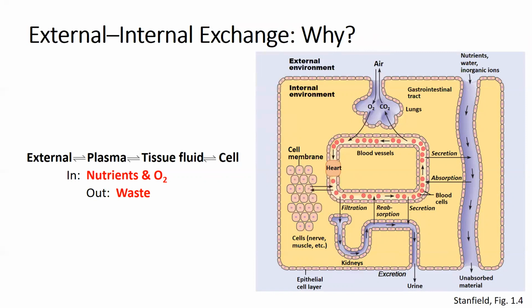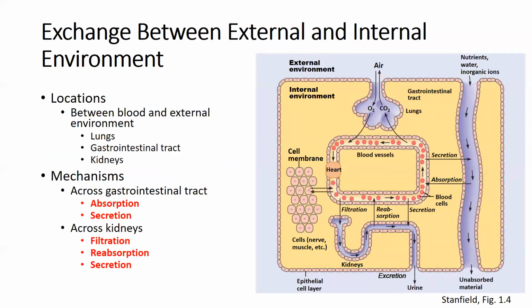There are things that we have in our internal environment that we need to get rid of, we need to eliminate from the body. So that exchange is very important. We can bring in things like nutrients in the gut, we can bring in oxygen in the lungs, and we can eliminate waste products, so ammonia in the form of urine or carbon dioxide in the lungs. Okay, so that interaction and that exchange is very important.